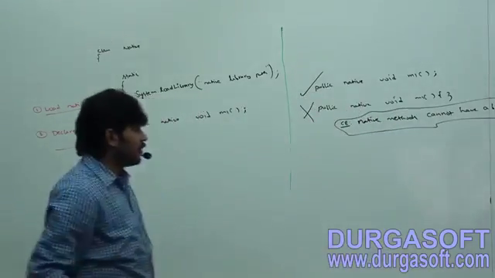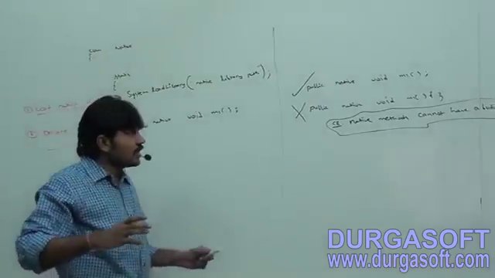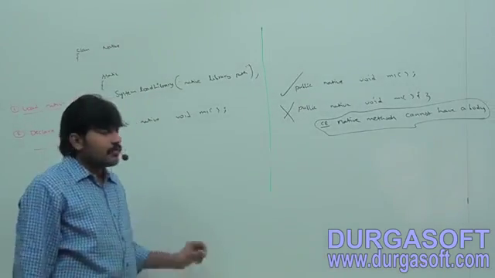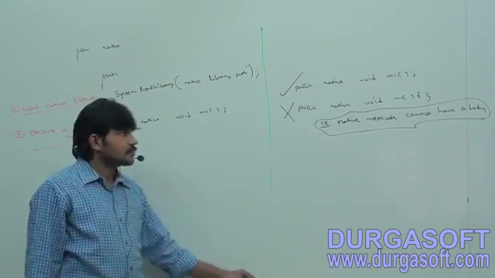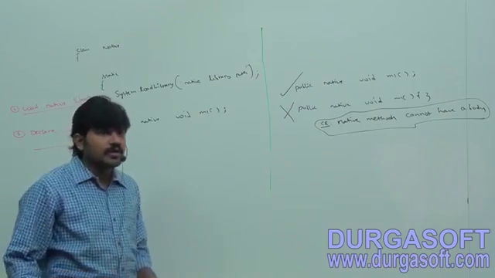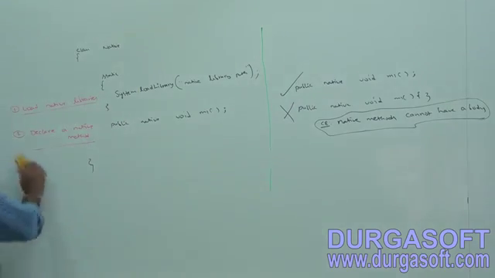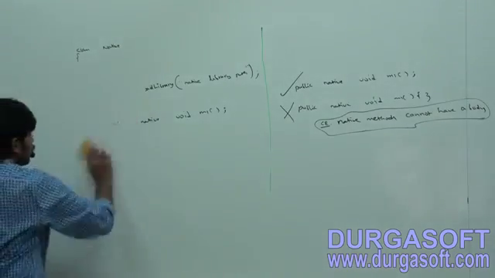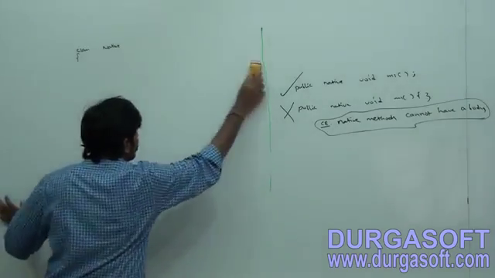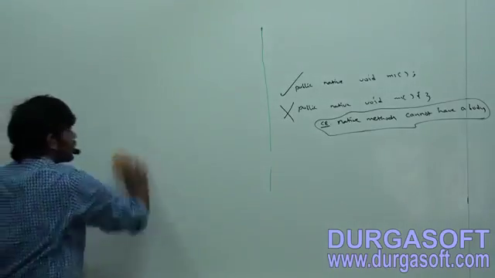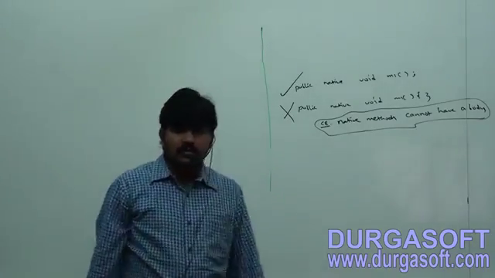Okay, take this example. Public native void m1. Next, public native void m1 with curly braces open and close. The first one is valid because native method declaration should end with a semicolon.